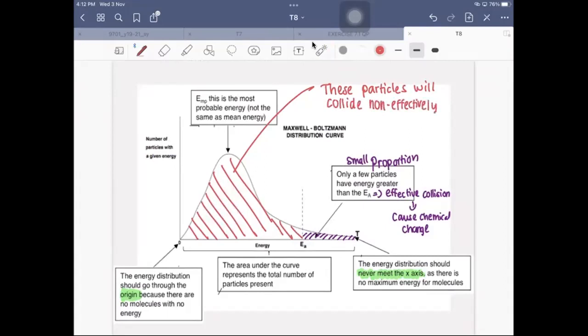So that means not enough energy to cause a chemical reaction. In other words, no reaction is happening. Okay, so hold on to this graph first because it will come in handy later on.